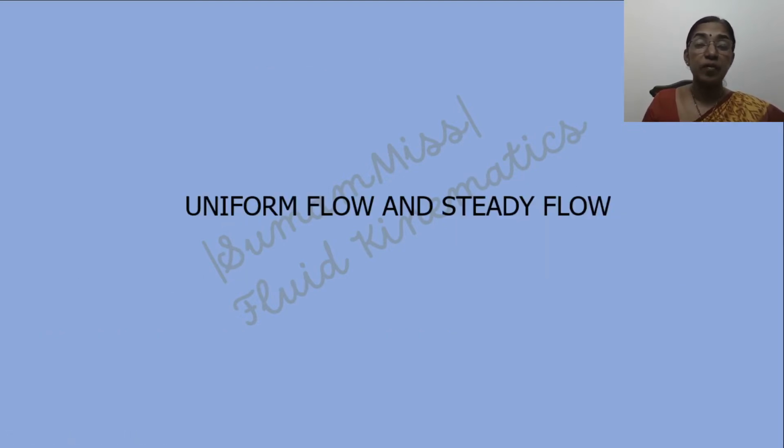So the next type of flow we are discussing is uniform flow and steady flow. Conditions in a body of fluid may vary from point to point, and at any given point it may change from time to time. Based on this, we can classify the flow as uniform flow and steady flow.